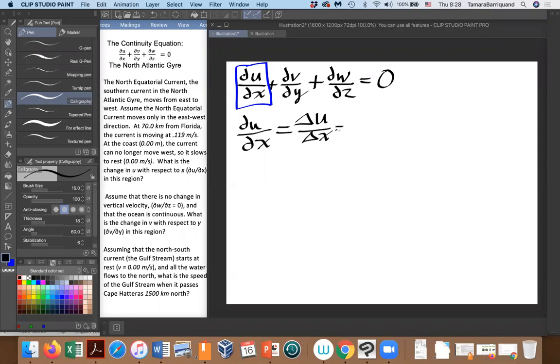That's the same thing as u final minus u initial over x final minus x initial.